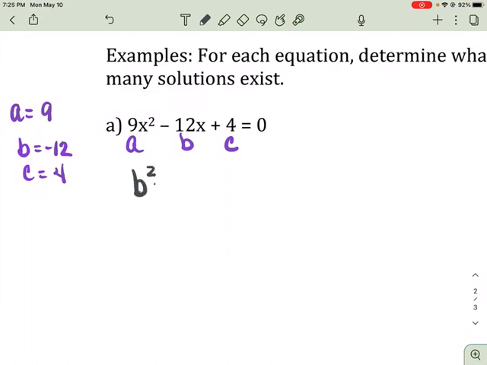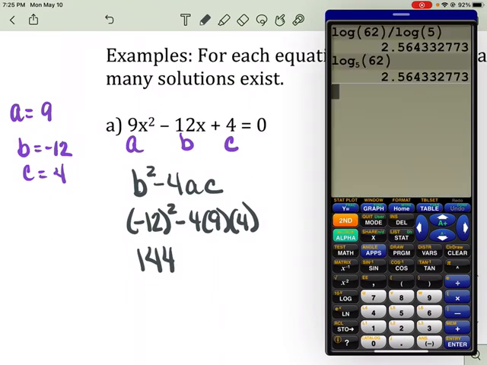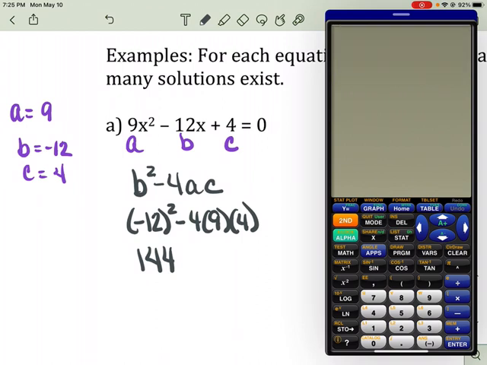So here's our discriminant, b squared minus 4ac. Okay, so we're going to go negative 12 squared minus 4, a is 9, c is 4. Okay, so 144. All right, I don't remember. See, this time I remembered to pull up my calculator. So 4 times 9 times 4, 144.